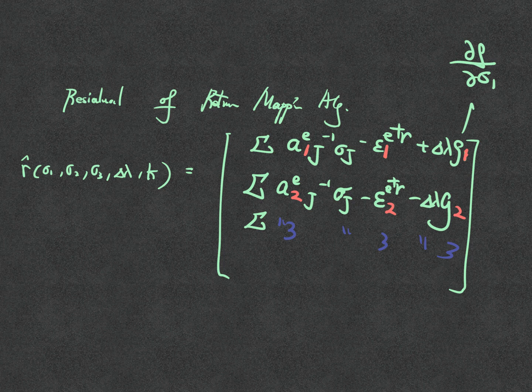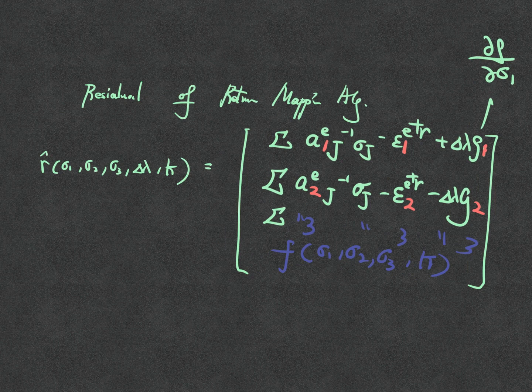And what else should I write? I should write f equal to 0, right? So I simply need to substitute sigma. I just put it here. Why is that? It's a residual. It's supposed to equal 0 if it's correct, right? If it's not correct, then I can use the Newton-Raphson method to guide it to make it correct, right?